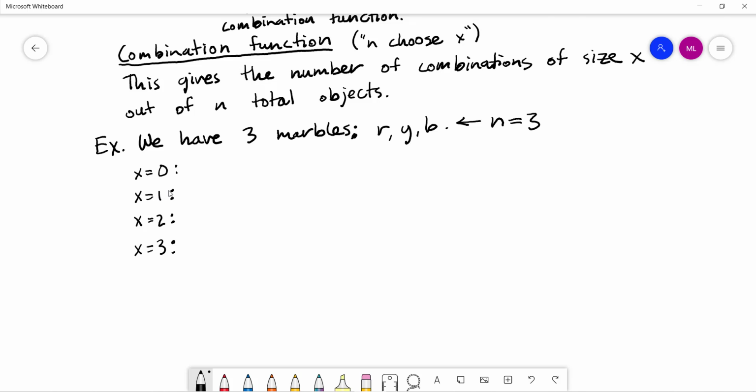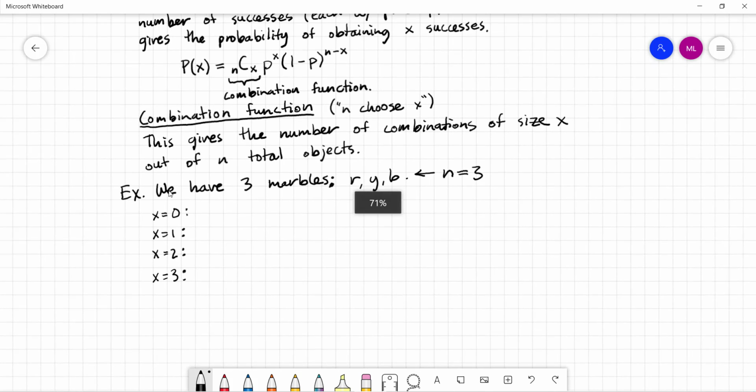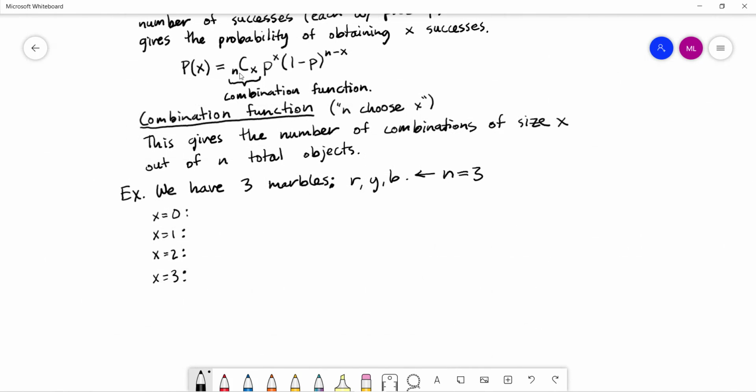What I'm basically saying is, looking at this formula, the combination function, I would write this as 3 with a big C and then the number 1. What this means is I have 3 objects and I want to choose one of the objects. And I want to know how many different ways that can be done.